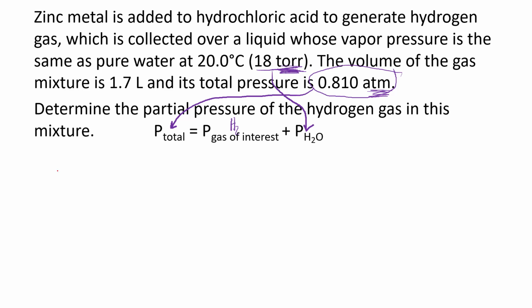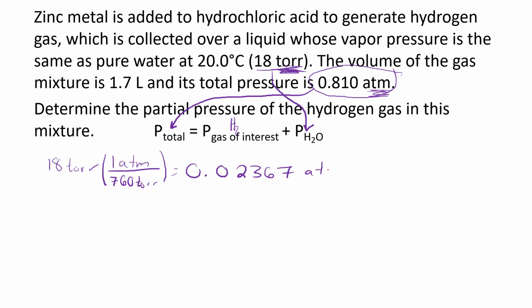So we need to convert our 18 torr to atmospheres. And so if you look back at some of your old sheets, you'll see that we can convert 1 atmosphere to torr by using 760 torr is equal to 1 atmosphere. And so if we do this, this is the same as 0.2367 atmospheres.